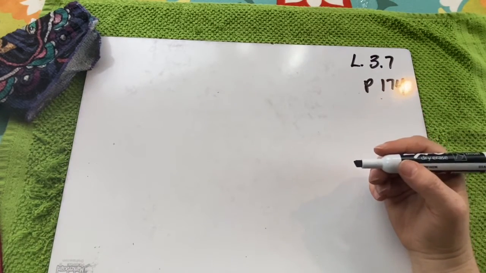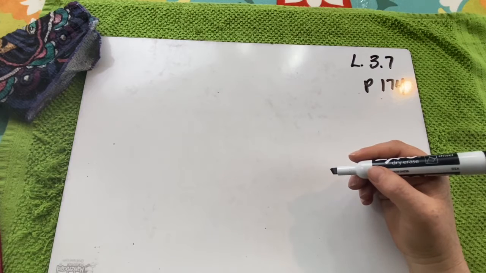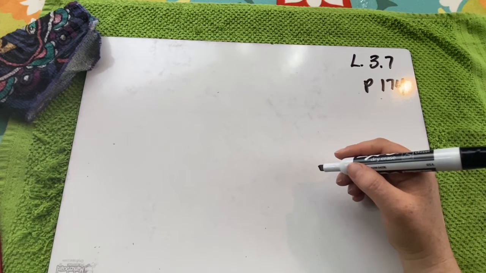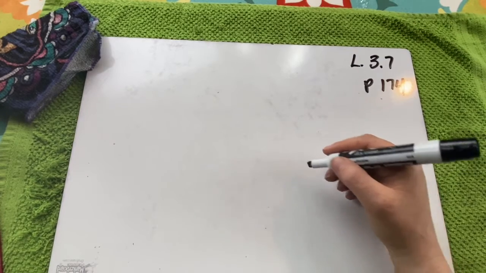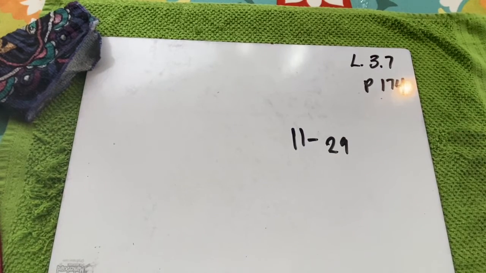Okay, so you guys can do 11 through 29. That's it. 15 through 29, you're solving for y.